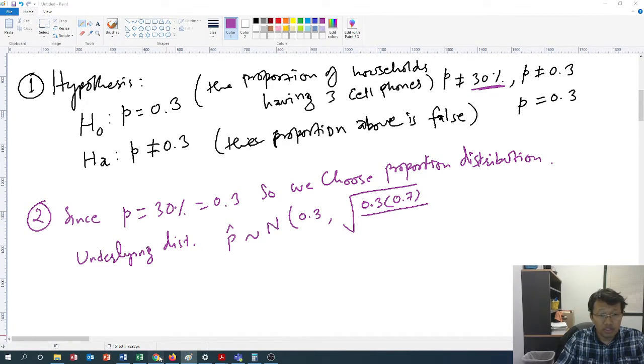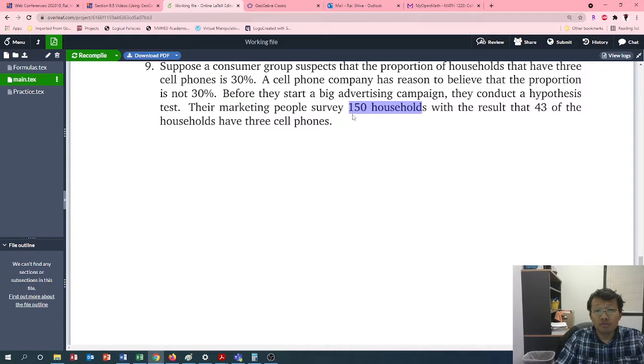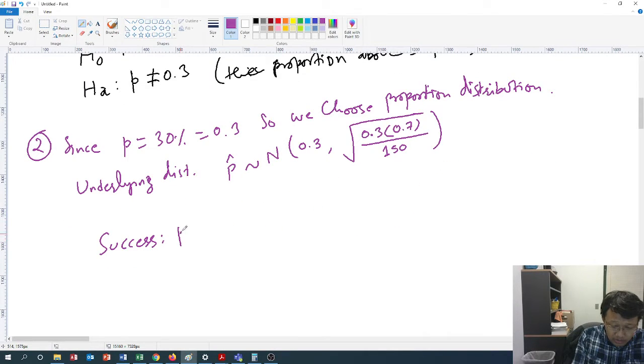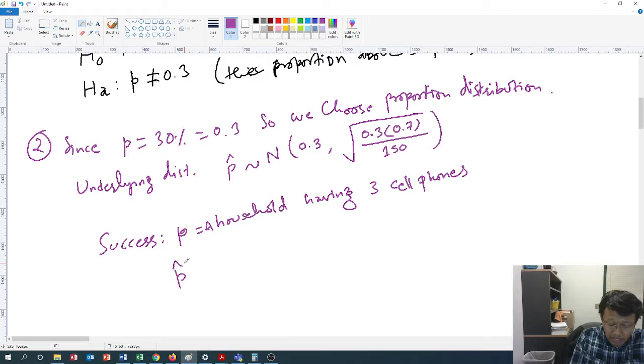Okay, so you can see that the total number of households surveyed was 150. Success, let us denote it by P. P is a household with 3 cell phones. And this distribution P hat is defined as households with cell phones, right?